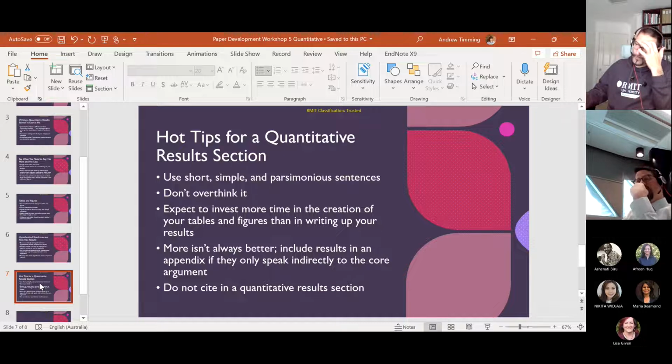The only exception would be a particular citation that speaks to the statistical technique or interpretation of a finding. In that case, it might be relevant to include a citation or two, but remember your results section is not a place for engaging with the literature on this topic. It's simply a space for reporting what you found.